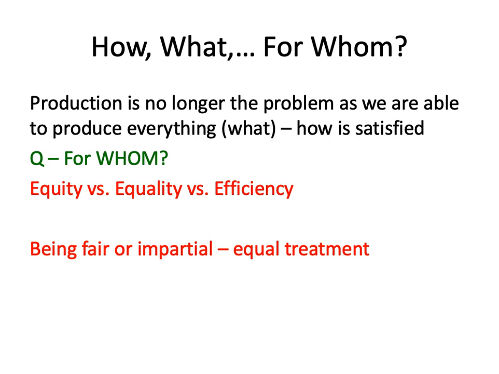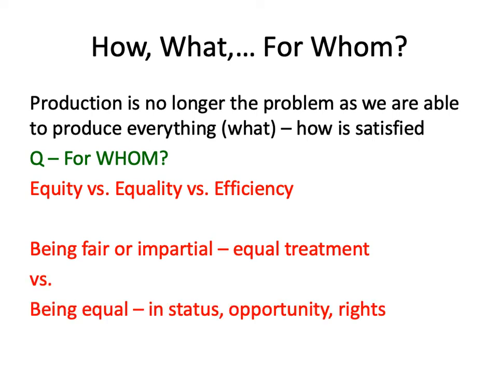Are we talking about being fair or impartial? Are we talking about giving equal treatment to everybody? Or are we talking about being equal in status and opportunity and rights, right? And so, again, our economy is choosing for whom gets what, or for whom should have access to everything. Things like healthcare, right?